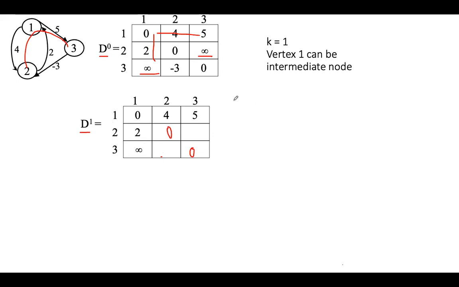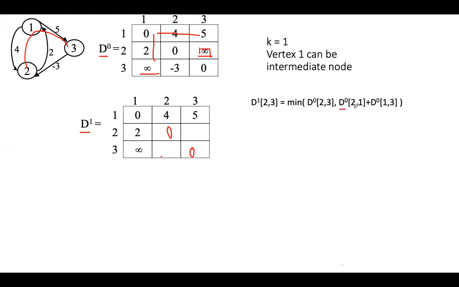So first let's see 2 to 3. D1 of 2 to 3 will be equal to the minimum of D naught of 2 to 3. D naught of 2 to 3 is this value, the previous input matrix value, D naught of 2 to 3, comma. See, I am trying to go from 2 to 3. So first 2 to 1 and 1 to 3 distance.